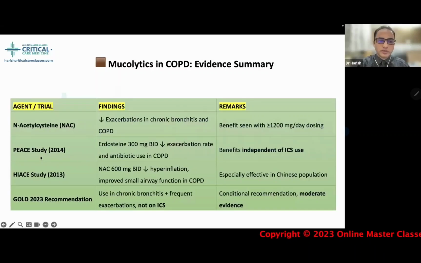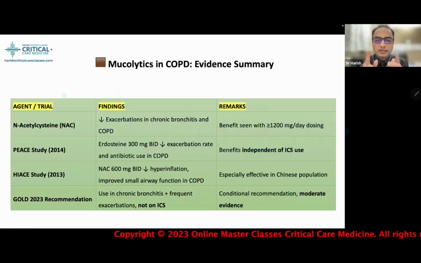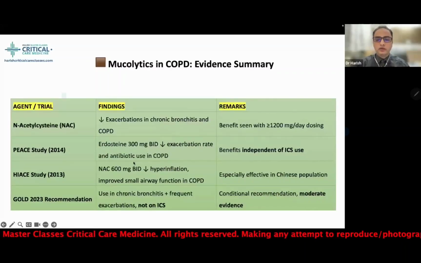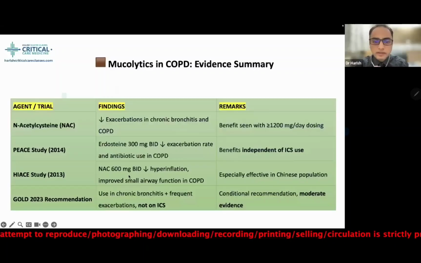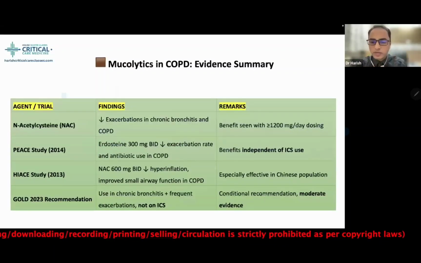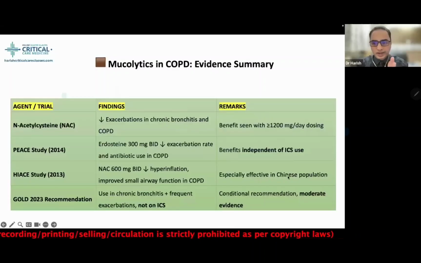We had one trial, the PEACE study in 2014, where they used erdosteine 300 milligram BD, which helped in reducing the exacerbation rate and antibiotic use in COPD, a benefit independent of inhaled corticosteroid usage. The HIAS study 2013, NAC 600 milligram BD, reduced the inflammation and improved small airway function in COPD. Especially this data came from the Chinese population.